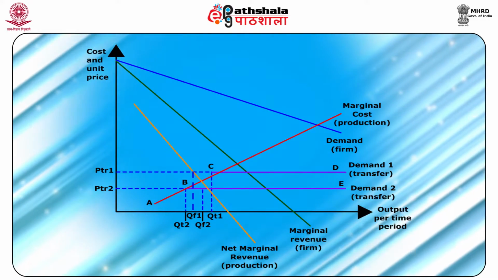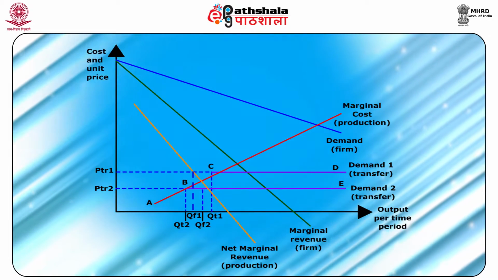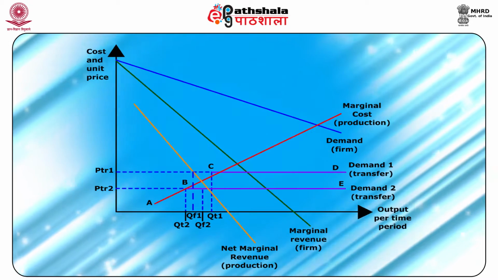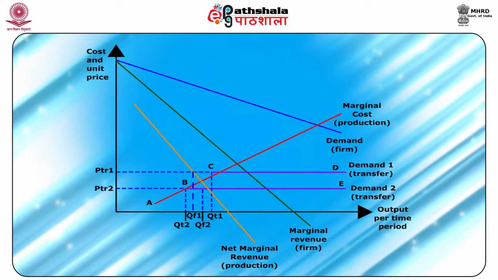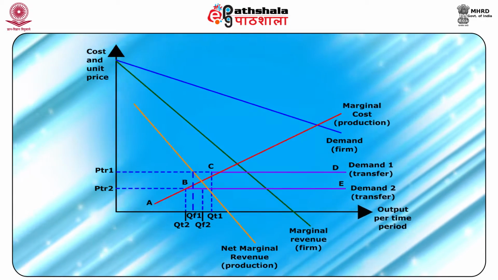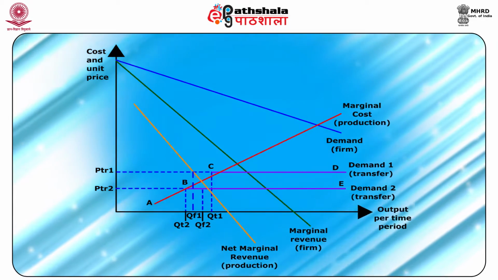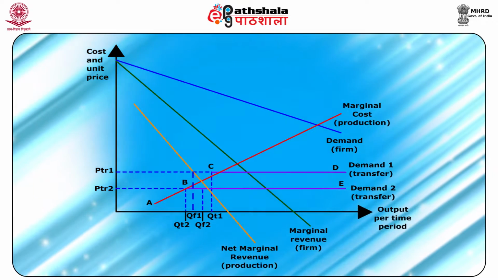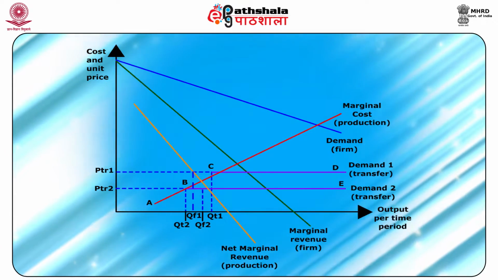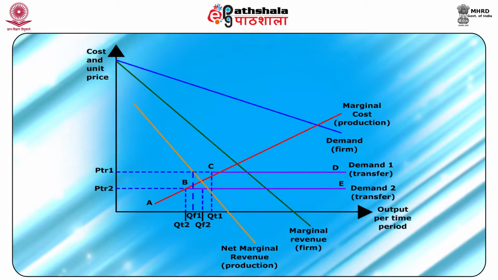The original demand curve, if we were to have a competitive situation, would be demand 1, which is relevant for transfer pricing because it is an inter-firm transaction, and then we could have another line, demand curve 2, which is also for transfer pricing.